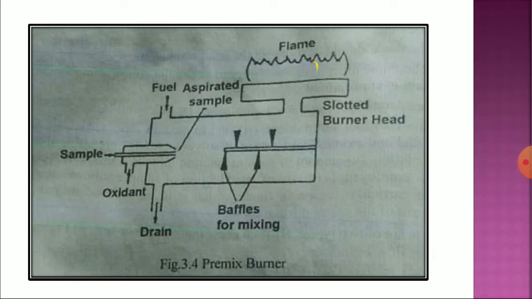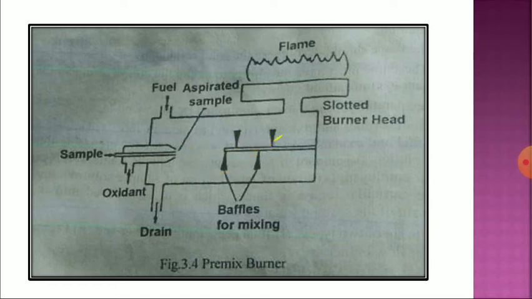But in this case, what will happen? Most of the sample solution will be drained out through this drain. That means the entire sample solution will not be utilized for burning in this burner. In most cases, it goes through this drain. This is actually the drawback of this burner.